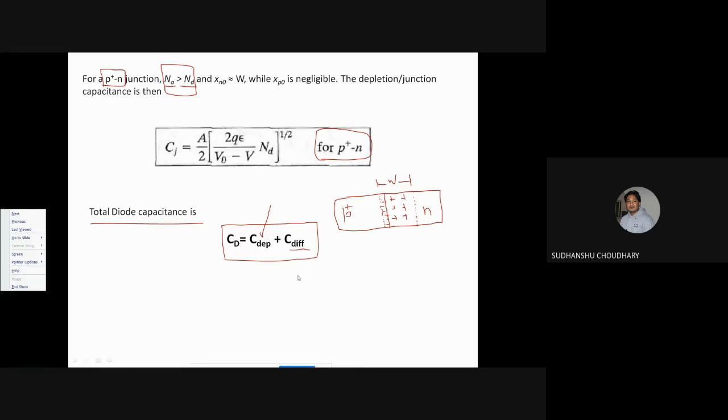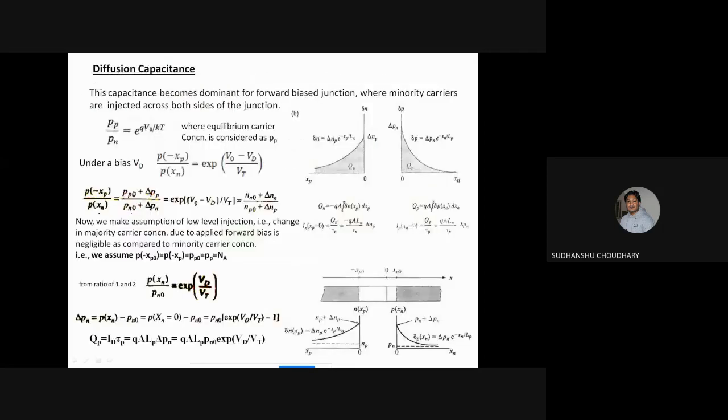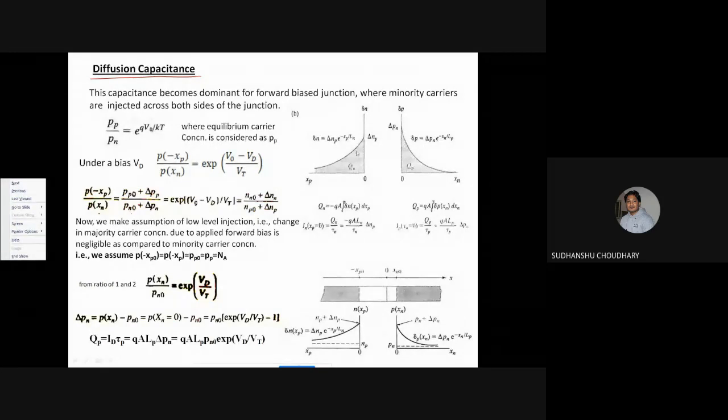Now let us talk about this diffusion capacitance. The source of this diffusion capacitance is actually the minority carriers which are injected in the N-type region and the P-type region.